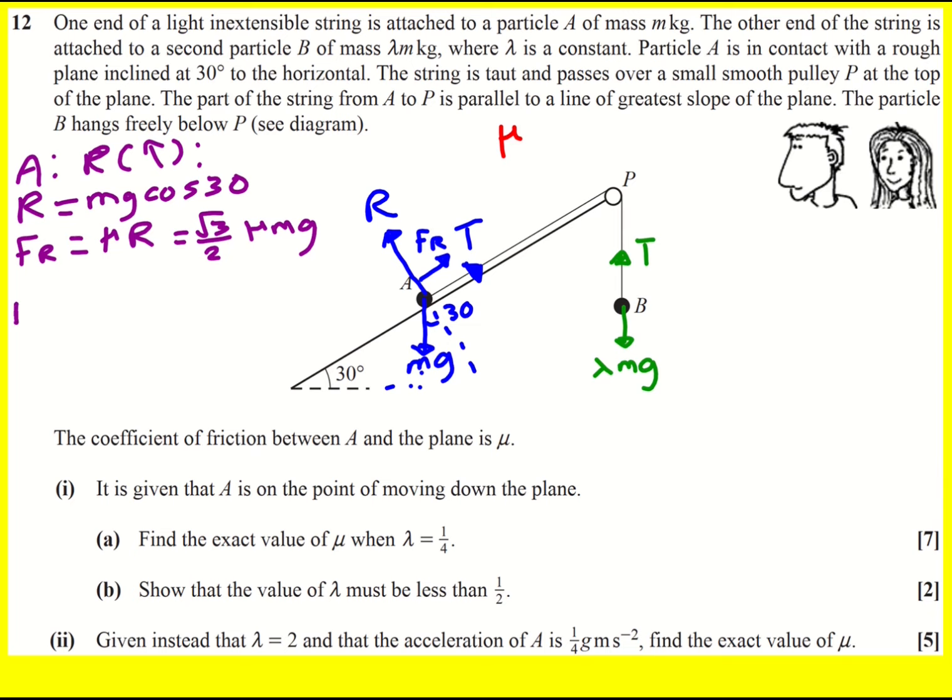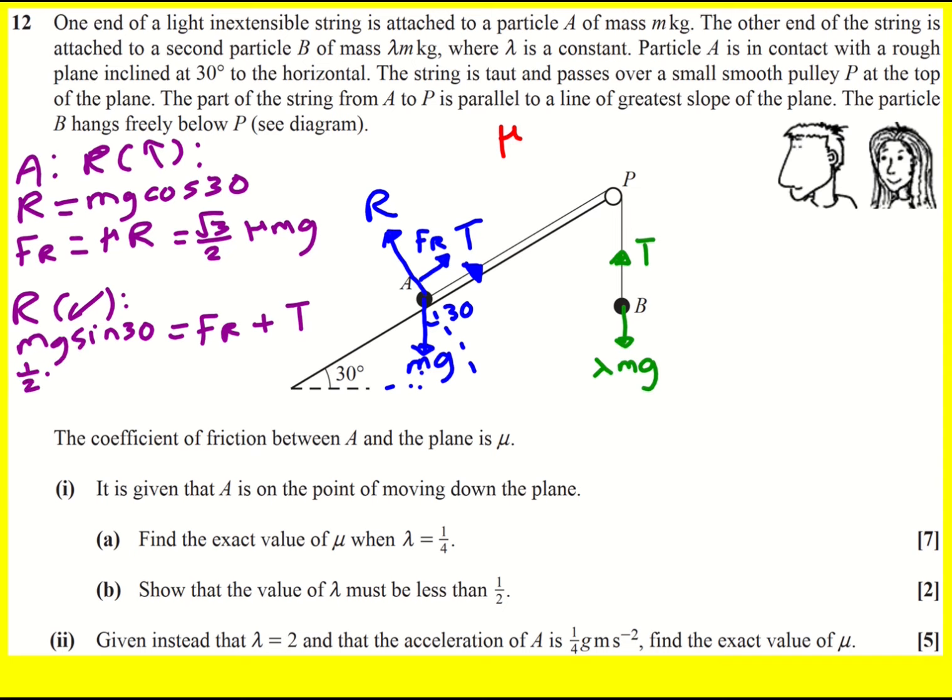Now I'm going to resolve down the plane, still on A, because it says it's about to move down the plane. It doesn't really matter. So I'm going to get mg sin 30, which is going to be equal to F_R plus T. So that means, oh, sin 30 is a half, by the way.